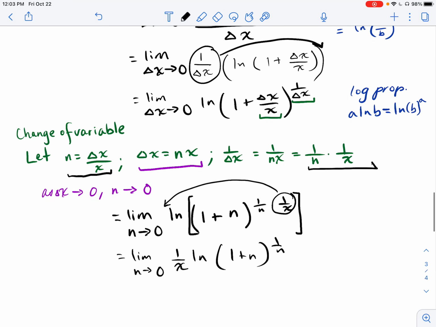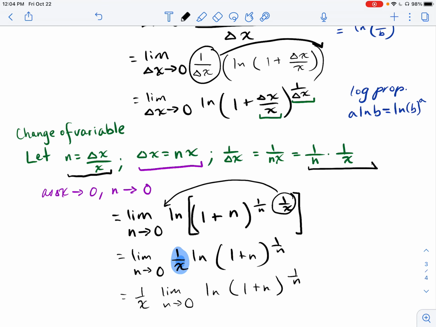And again, because this 1 over x has no bearing on the limit as n approaches 0, I can move that 1 over x to the front and write this as 1 over x times the limit as n approaches 0 of the natural log of 1 plus n to the 1 over n power.